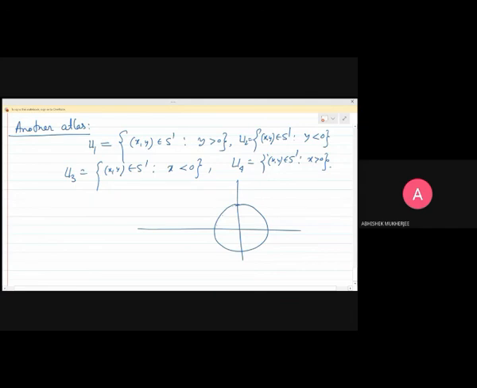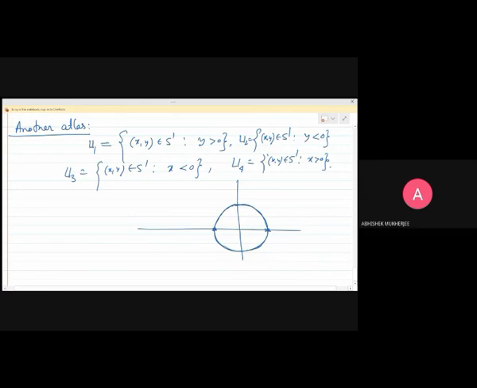U1 is the upper half semicircle, and U2 is the lower half semicircle.